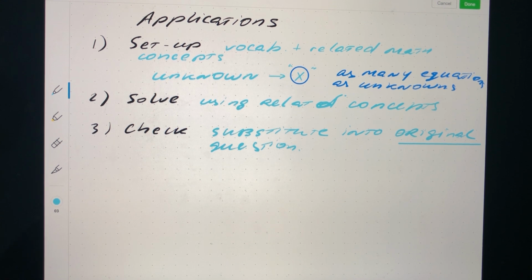If we did know that, we wouldn't have made it. So since we don't know that, we have to go back to the very beginning and see if our answer actually makes sense in the context of what we are looking for. So that's one reason to check.